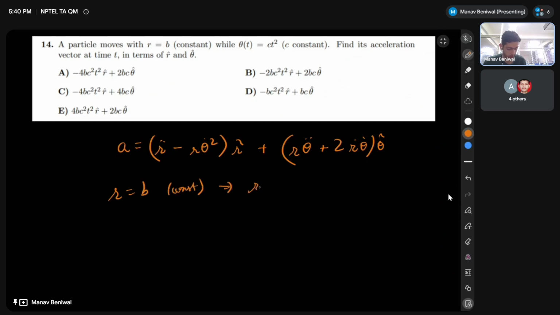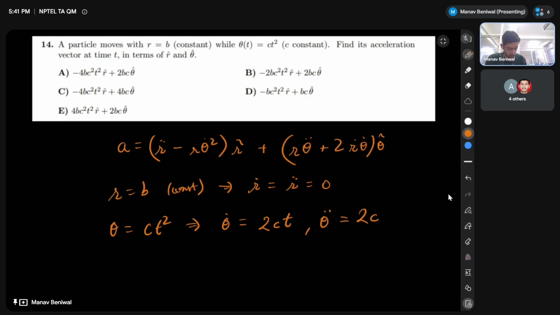So this implies r dot equals r double dot equals 0. And theta is ct squared, which implies theta dot is 2ct and theta double dot is 2c.